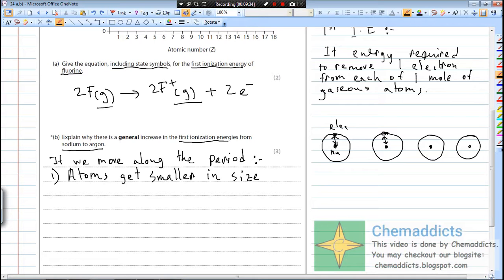So along the period, suppose we take period 3 for instance. For period 3 there are a total of 3 shells, so 2 would be the inner shells.